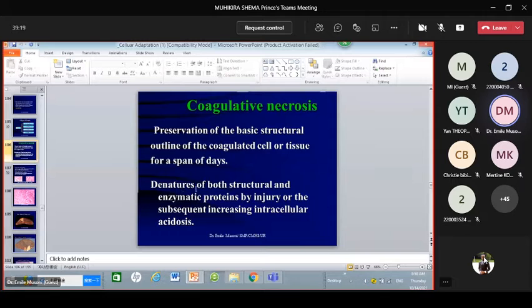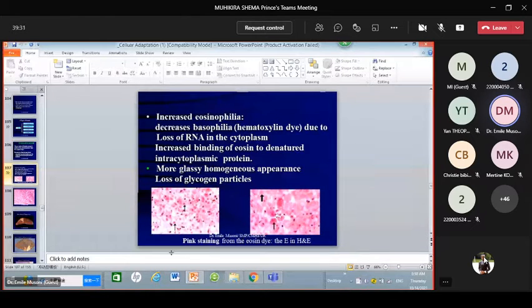Here there is denaturation of both structural and enzymatic proteins by injury, or subsequently by increasing intracellular acidosis. For example, in this image, those that are pink or red are necrosis.